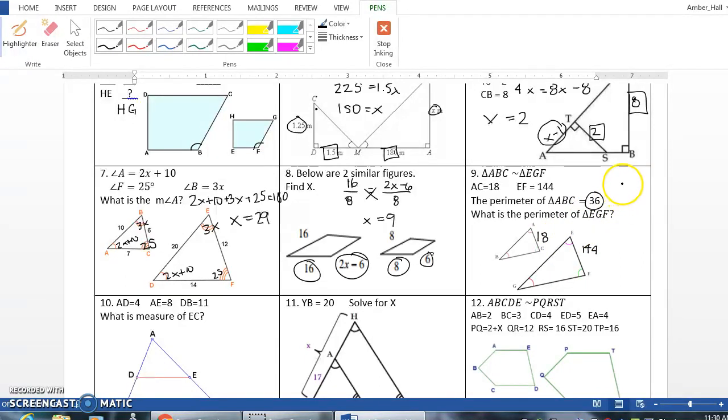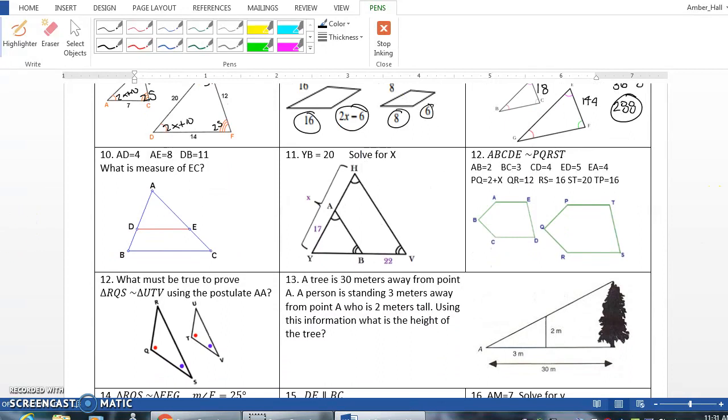So if we do 144, the image, divided by 18, we get a scale factor of 8. So if we take our perimeter, 36, multiply by 8, the perimeter of triangle EFG is 288.